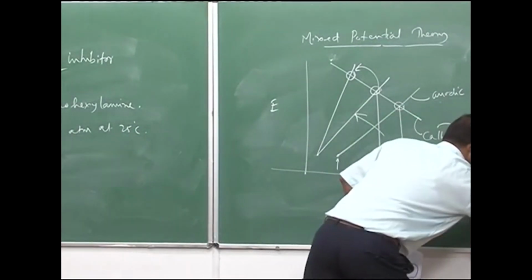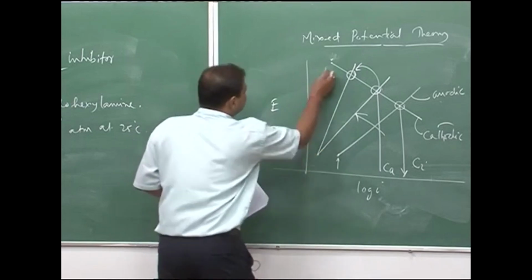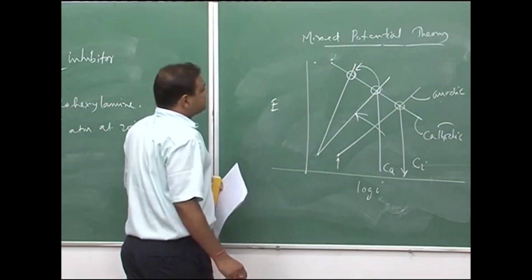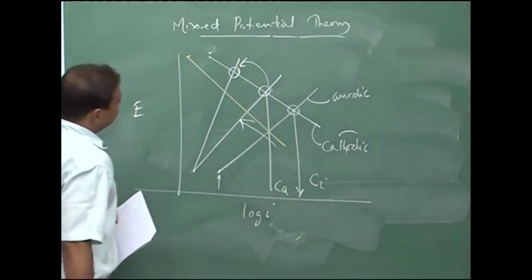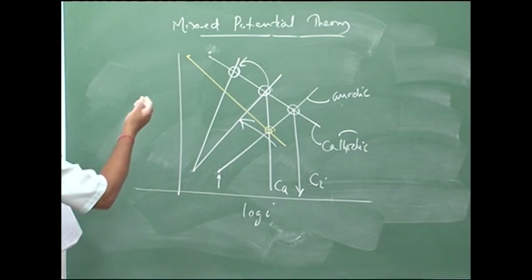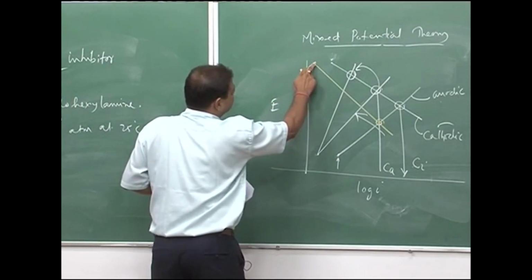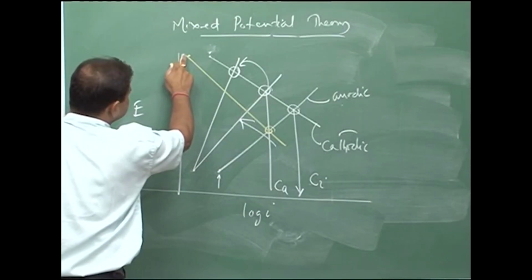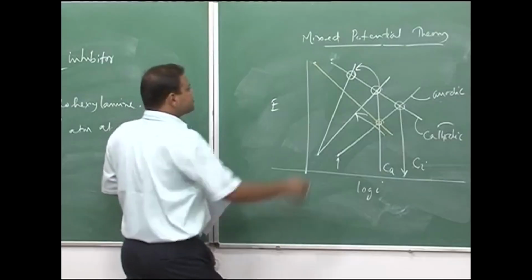Now, if we see the cathodic inhibitor, it can work the same way. The exchange current density for the cathodic process can go down, so my corrosion rate would be here. Or both things can happen: the exchange current density would go down, and at the same time the polarization would also increase.